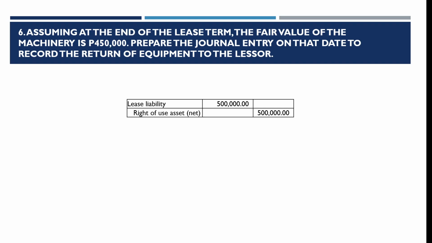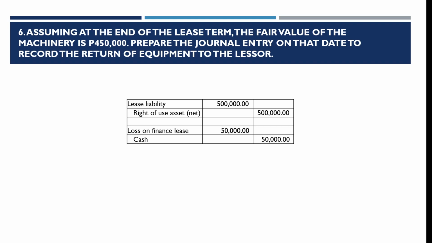Sisingilin niya ni lessor. Dahil kulang ang actual fair value sa guaranteed residual value, kailangan magbayad ni lessee ng deficiency. So, another entry is debit, loss on finance lease, credit, cash.